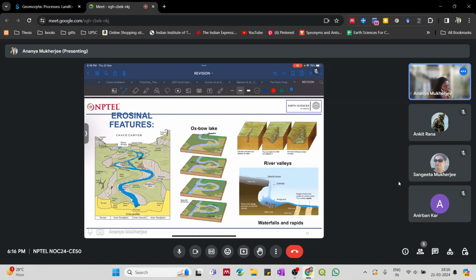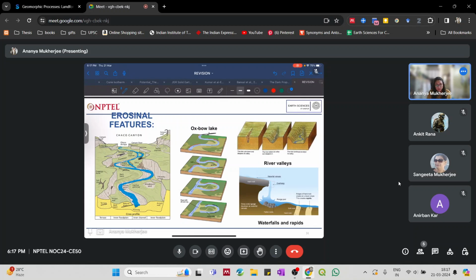Grand Canyon is one of the very good examples, which has been created over millions of years because of the erosive action of the river, which you can still see flowing through the Grand Canyon. Okay, so you have natural levees, you have terraces that are formed. These are all erosional features associated with the geomorphic action of the rivers.